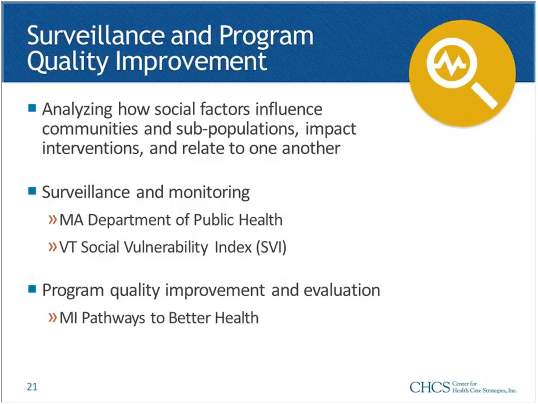In terms of surveillance and program quality improvement at both the population level and patient level, Medicaid and other state programs are using SDOH information for both these purposes. For example, the Massachusetts Department of Health uses information from over 300 data sources and 40 SDOH domains to evaluate population health indicators, how social factors affect certain communities or subpopulations, whether programmatic changes are having an impact on populations of interest, as well as how these social factors relate to one another.